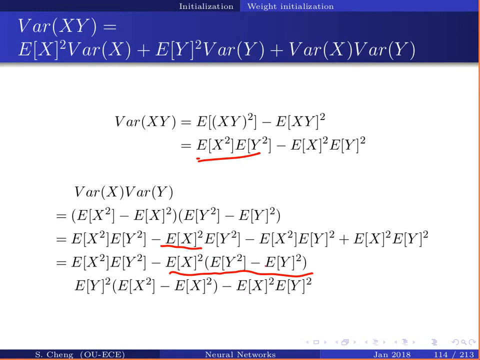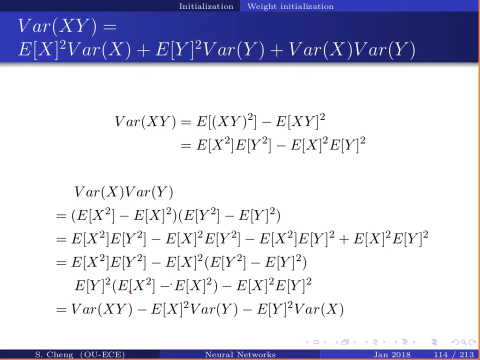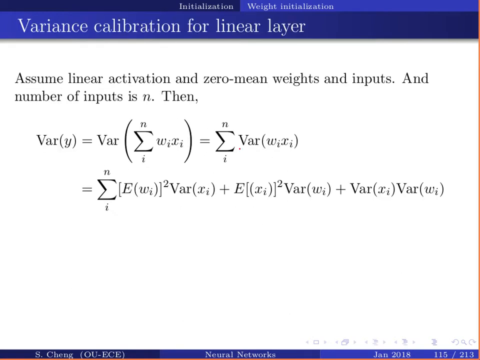But since I add these terms, I need to subtract them back: 2 expectation X squared and expectation Y squared. Then I know this is the variance of X and the variance of Y, so this is equal to that. That's exactly what we have here. So the variance of XY is equal to this.